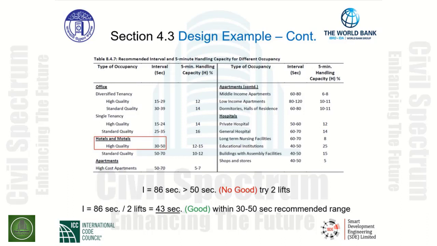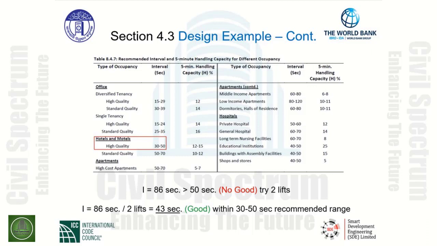Utilizing Table 8.4.7, we find the type of occupancy. It is a hotel in our given application of high quality. The interval in seconds ranges between 30 to 50 seconds.